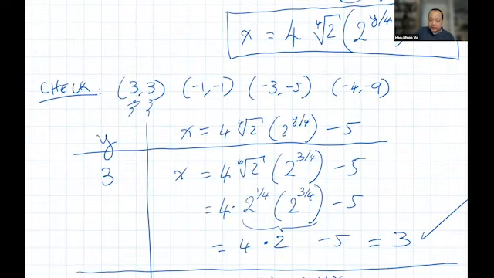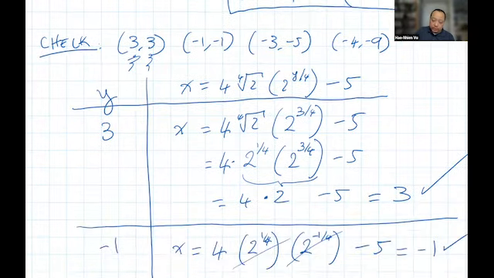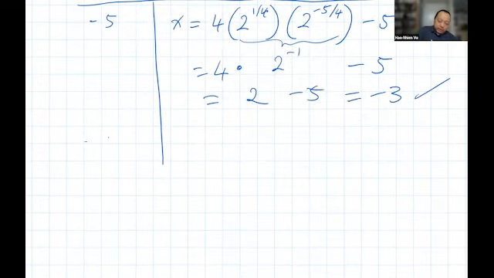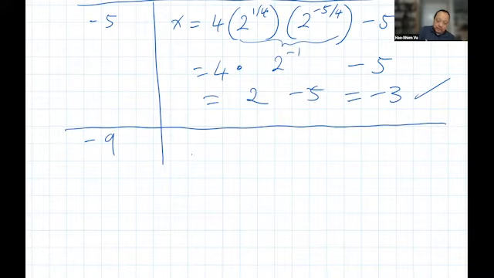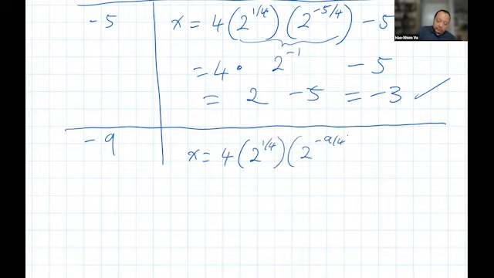And the last point is y equals negative 9, and x is supposed to be negative 4. Y equals negative 9. X is equal to 4 times 2 to the 1/4 times negative 9/4.